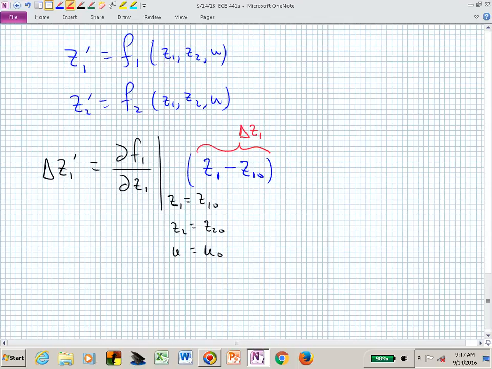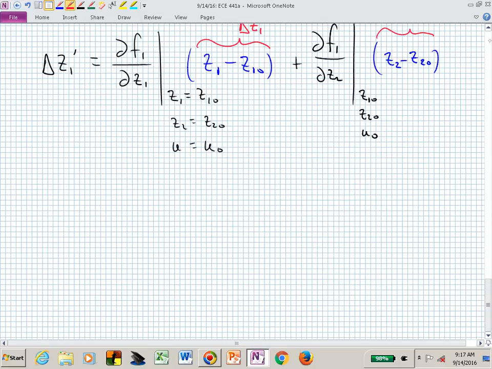So we now have a delta z1 prime equal to some mess times delta z1, plus the partial of f1 with respect to z sub 2, again evaluated at z1 naught, z2 naught, and u naught. It now gets multiplied by z sub 2 minus z sub 2 naught, which is just delta z sub 2.